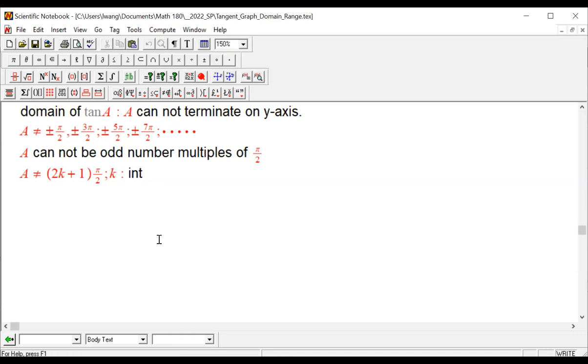To help you understand this, for example, if k equals 0, then 2k plus 1, if you substitute k by 0, you get 2 times 0 plus 1, and you end up with pi over 2.